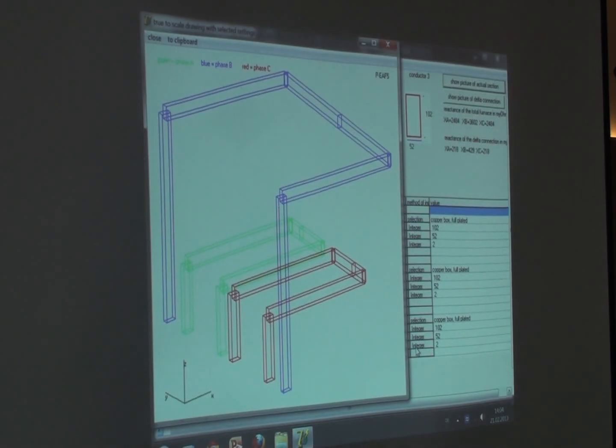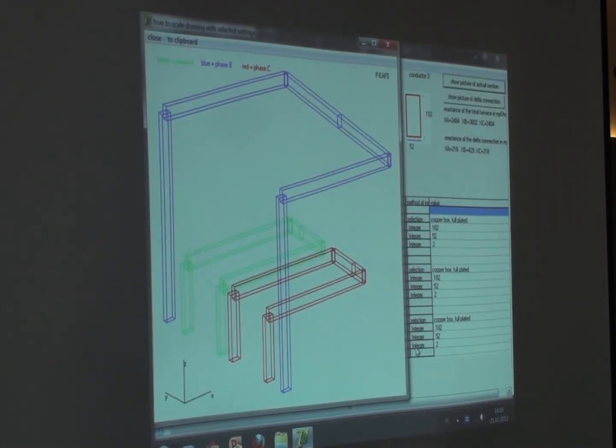Is this zero? No, it is not, because it would be zero only if all x values would be zero. This is not zero. What happens if the sum of voltages in a loop is not zero?